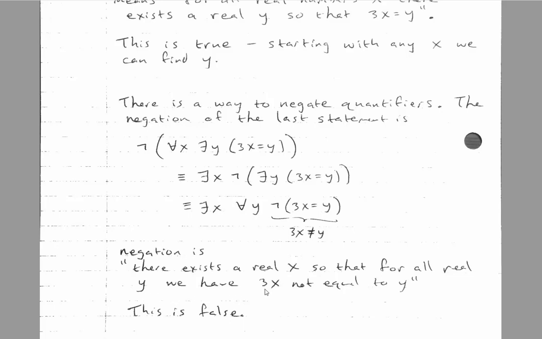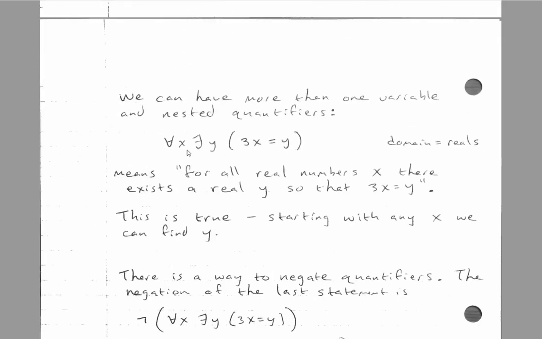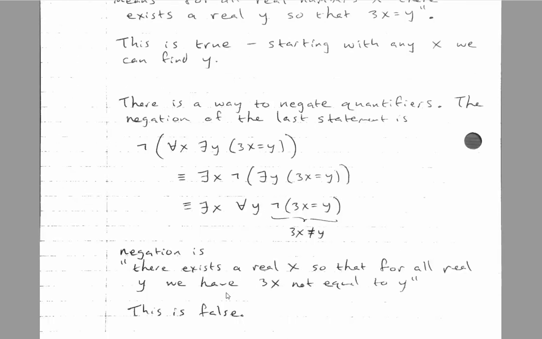Is y not equal to 21 for all real numbers y? No, when y is 21, then they are equal. So this is false, but we knew it had to be false since the original statement was true. If something's true, then its negation has to be false. This is just illustrating how you negate these quantifiers.